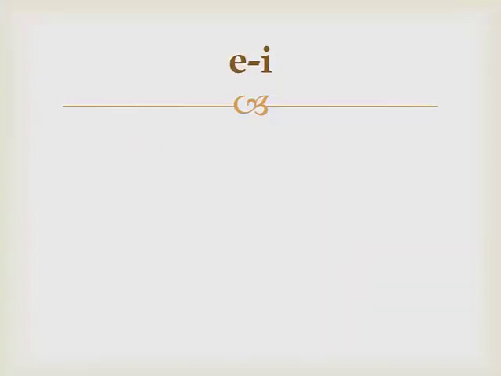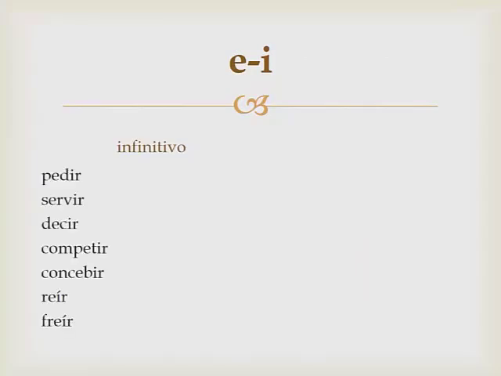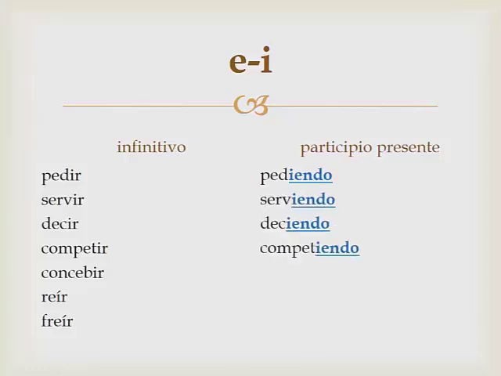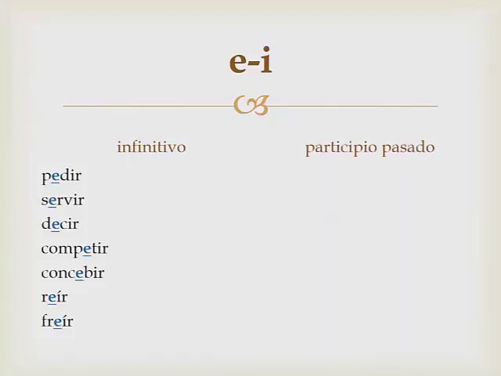There are a couple of verbs in this category where the E will become an I. The infinitives, pedir, servir, decir, competir, concebir, reír, and freír, become the present participles, pidiendo, serviendo, diciendo, competiendo, concebiendo. It's hard for me to say it wrong like this, so let's look at how it should be.